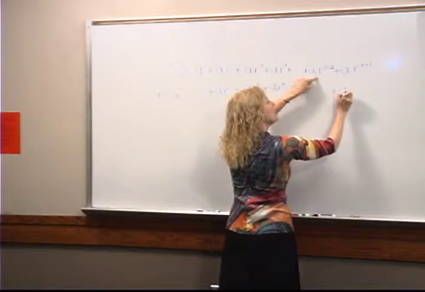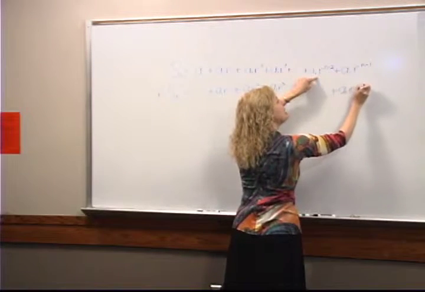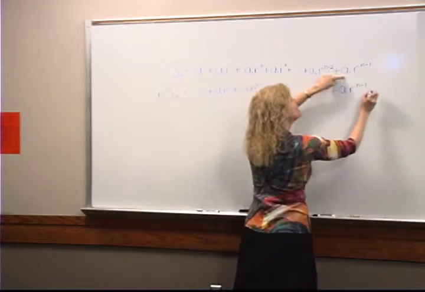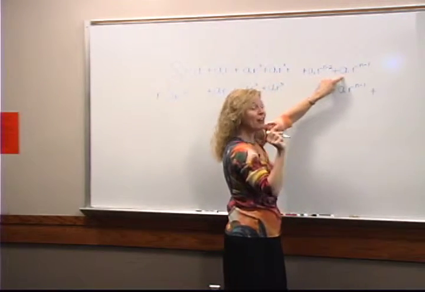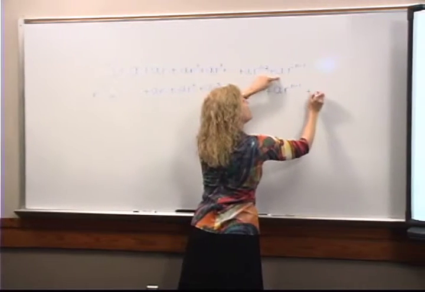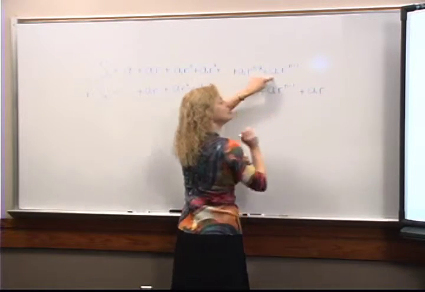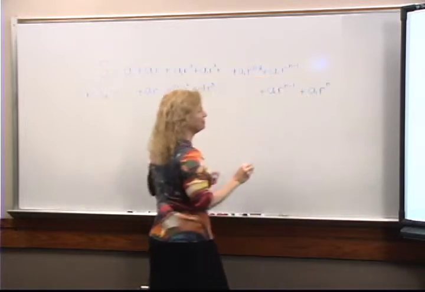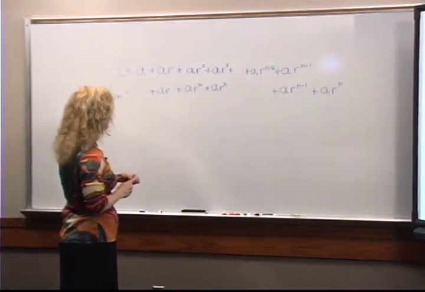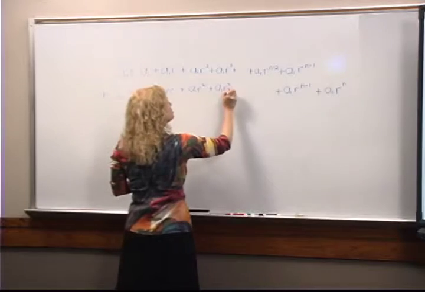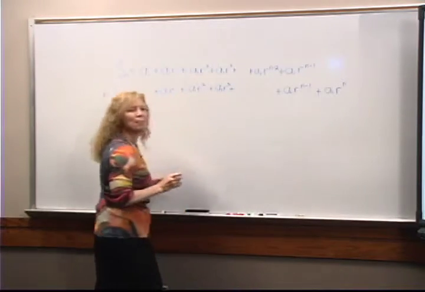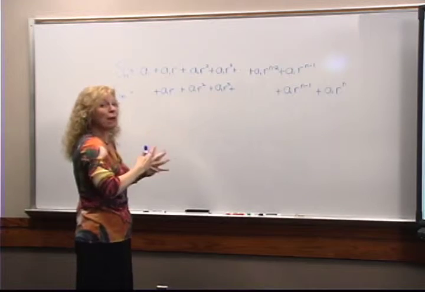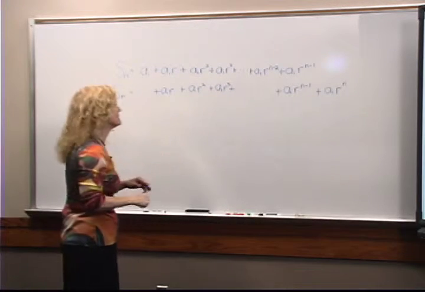Well, that's going to go to r to the n minus 1. And multiply the last term times another r, and I get a sub 1 r to the nth. Okay? And there's all this dot, dot, dot in the middle. I can't fill in the middle because I don't know how big n is.